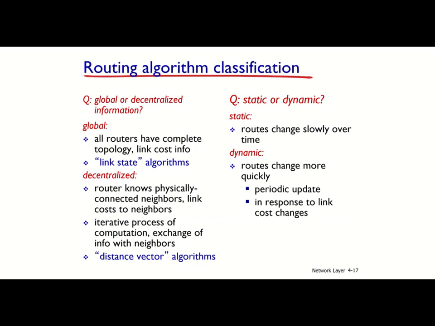Some routing algorithms have global information about the network. Sometimes others have decentralized information. In the algorithms with global information, all routers must have the complete topology of the graph, which means they must know all the nodes and all the edges, how the edges are connecting the nodes for the whole network, and also the network's link costs.